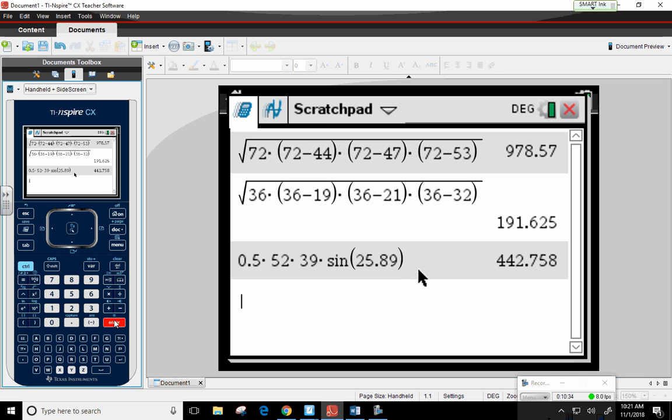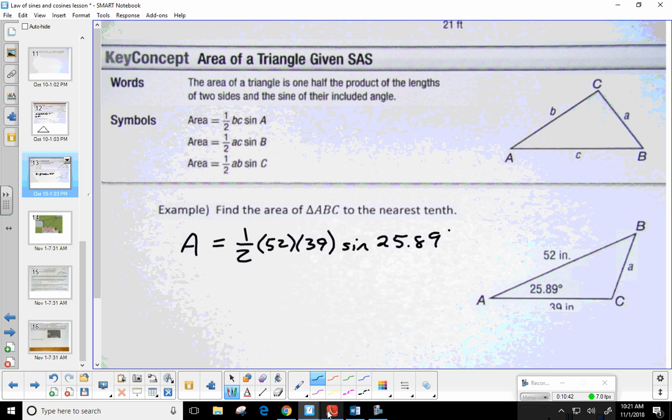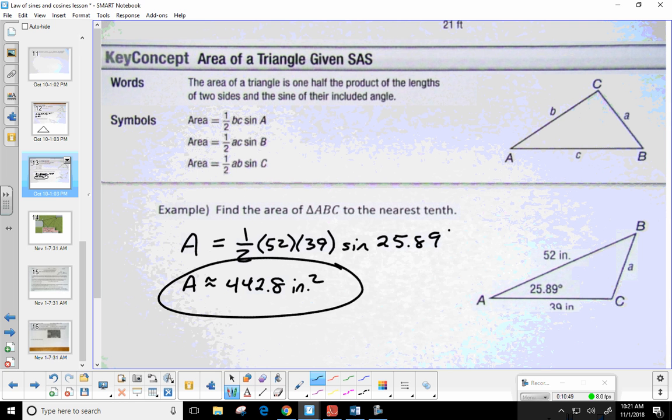Looks like I'm getting 442.8. Is that what you folks are getting? Okay. 442.8 square inches. There we go. Okay, so Heron's formula and side angle side for oblique triangles.